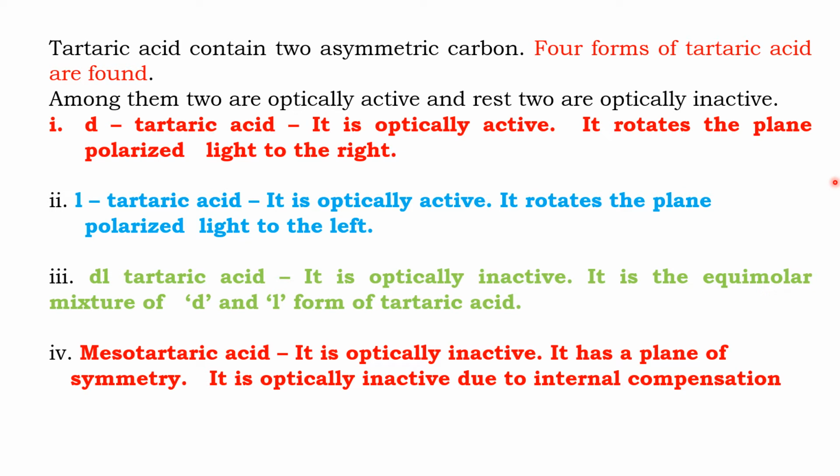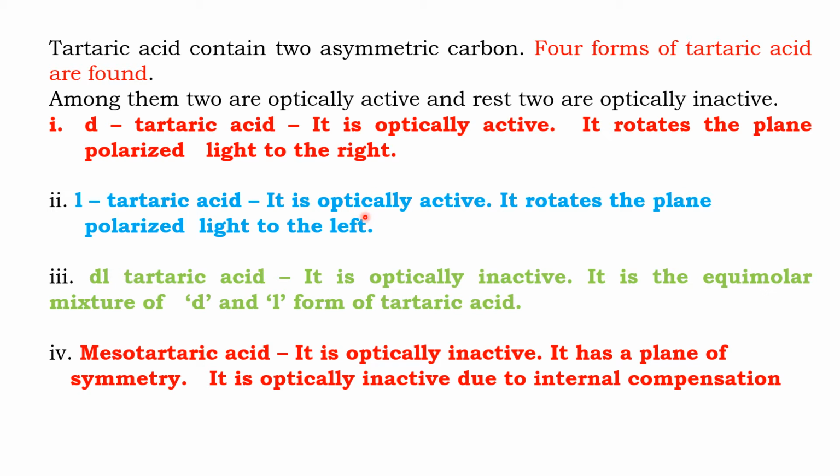So, 4 forms of tartaric acid could be identified, but only 2 forms are optically active. The first one is the D-isomer or dextrotartaric acid, which is optically active and rotates the plane polarized light towards the right. The second one is L-tartaric acid or levorotatory tartaric acid. D and L are enantiomers.